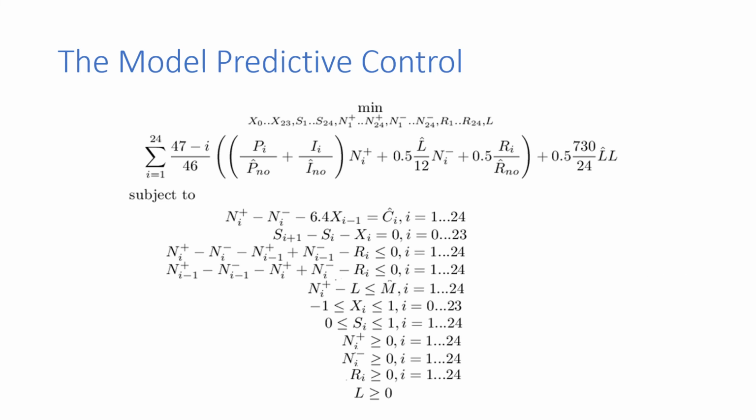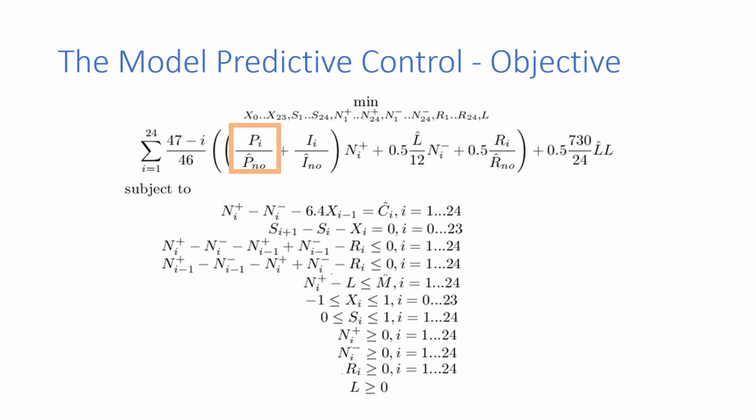The model predictive control can be described by the following objective and constraints, and after solving this linear program, the decision x_0 was used as an action for the building.